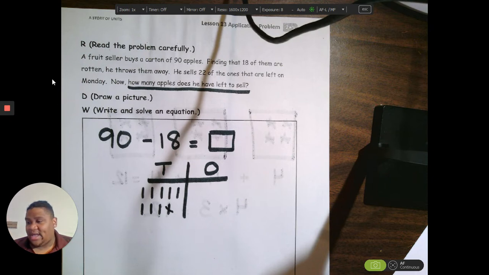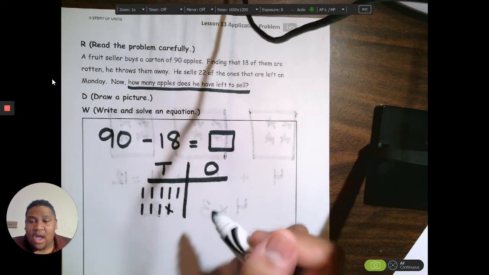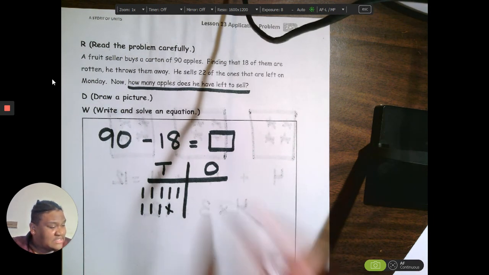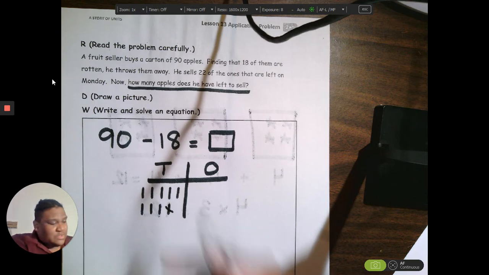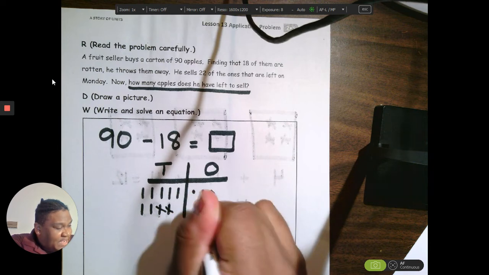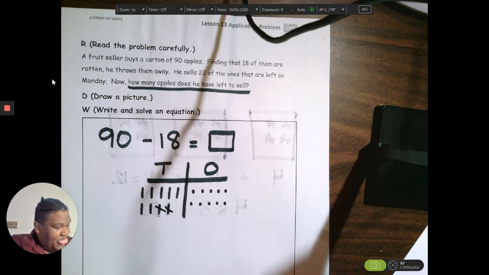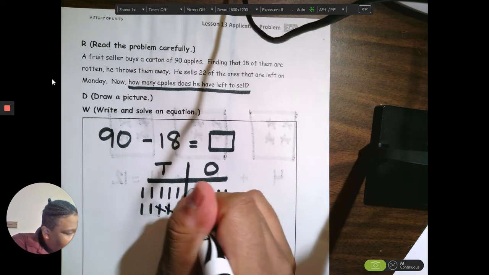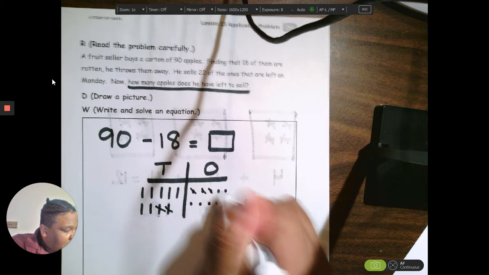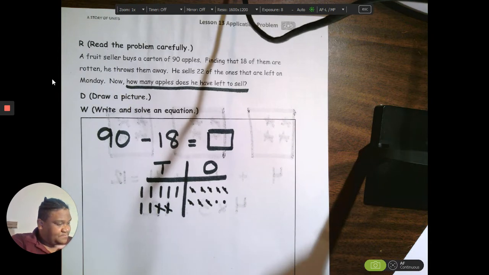Because I do not have any ones to take away, I must decompose or unbundle a 10 and add it over here to my ones. Now I have 8 ones that I can take away. 1, 2, 3, 4, 5, 6, 7, 8.